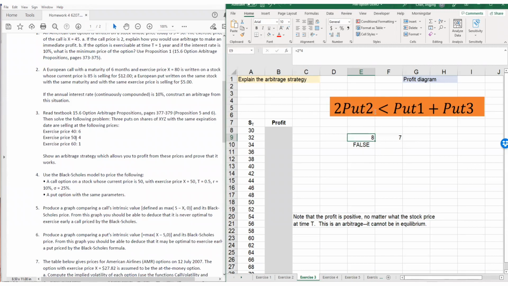So how do we get this 8 on the left-hand side? That means you need to write two put contracts with the exercise price equal to $50. And then you can buy put contracts with exercise prices equal to $40 and $60.